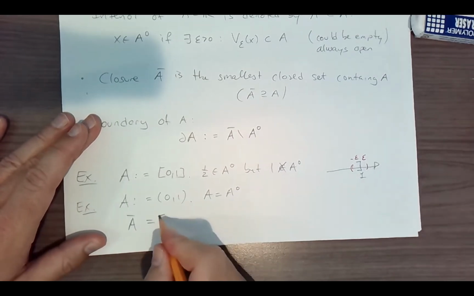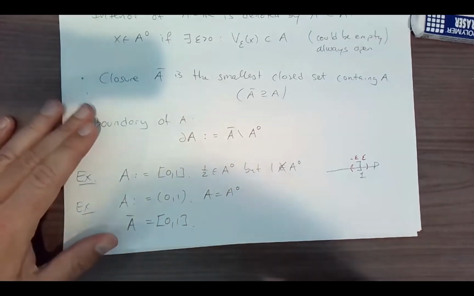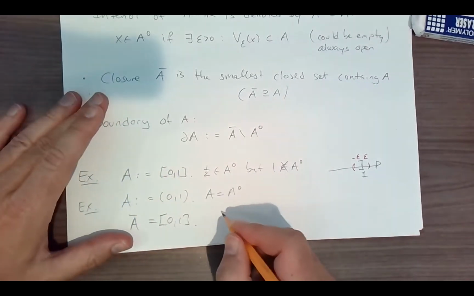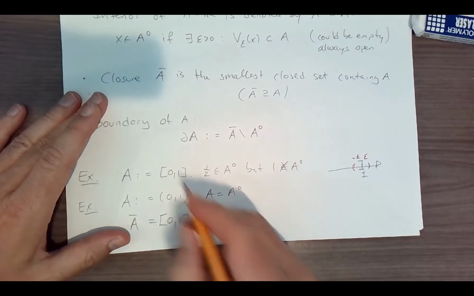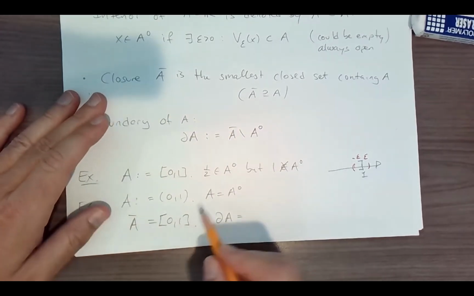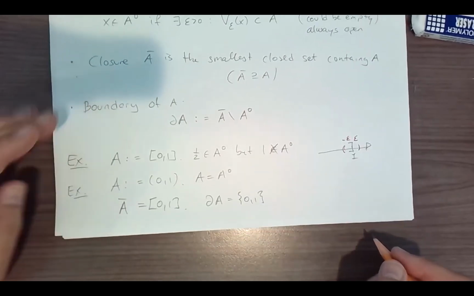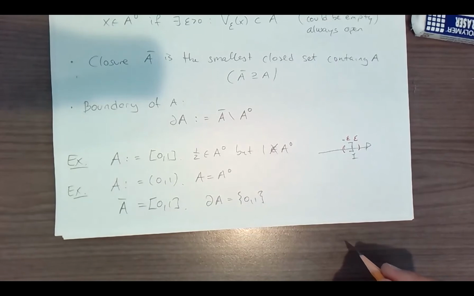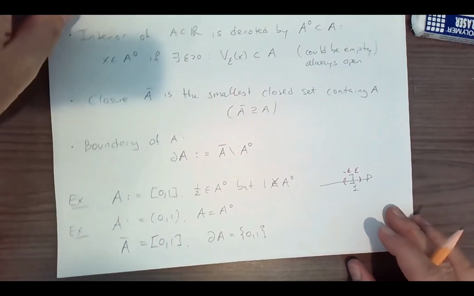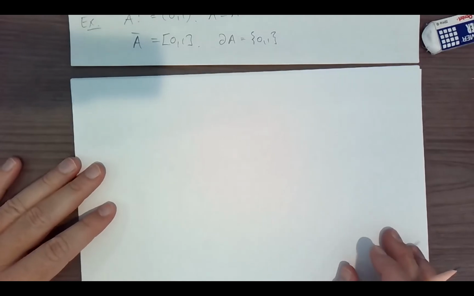This is right, it's the closed interval. And what would be the boundary? It would be the difference between the two. This would be 0, 1.